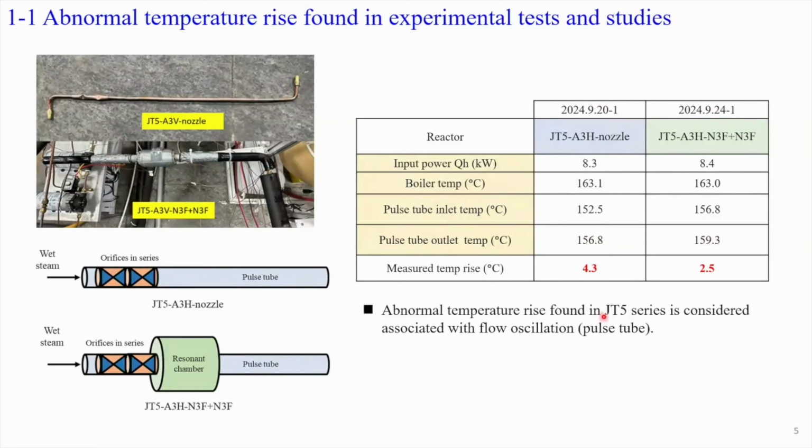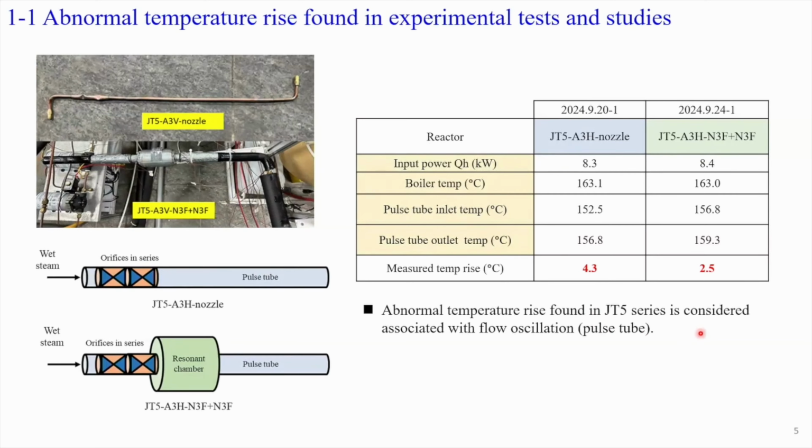This page shows a recent example that was tested last year in our laboratory. The series of JT5 reactor tests showed a measured temperature increase of around a few degrees Celsius. It's not a large increase, but valid enough to identify.